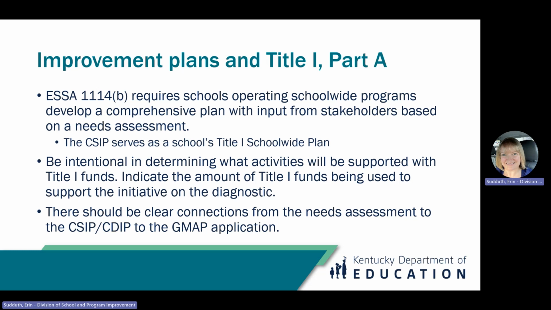And finally, the budgeted items on the GMAP application should inform the MUNIS budget. It's meant to be a progression. So by the time you get to the GMAP application, you shouldn't be starting from square one. You should already have multiple documents to support your application.